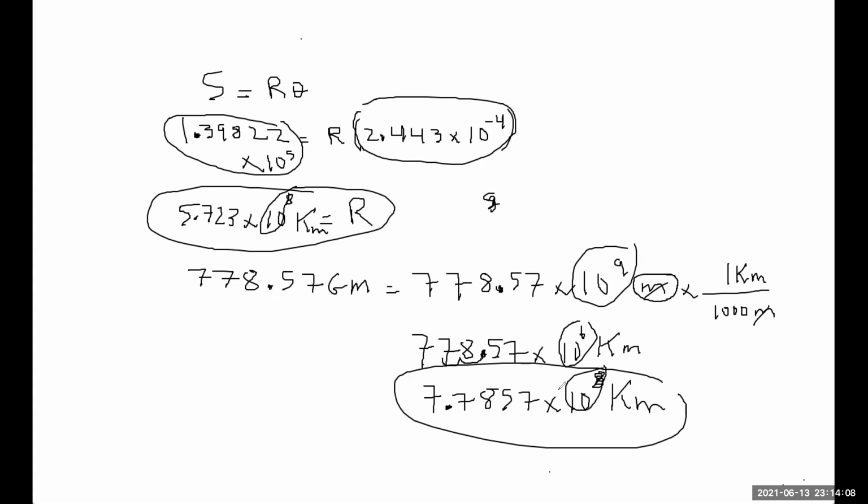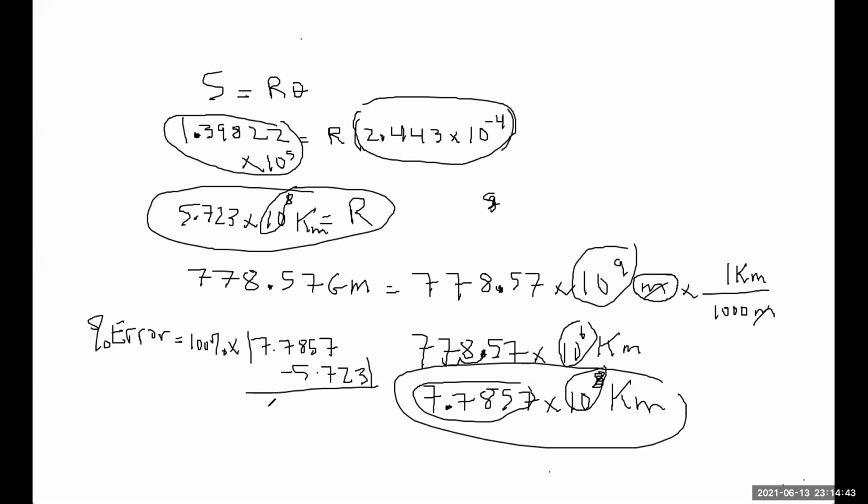Okay, so if we wanted to calculate percent error, what would that be? I would take the real number, 7.7857, subtract my number, and then divide it by the actual number.